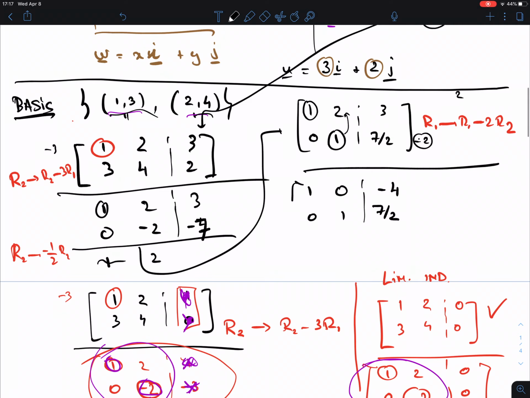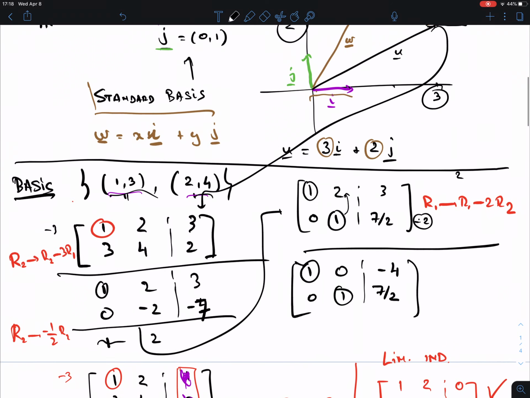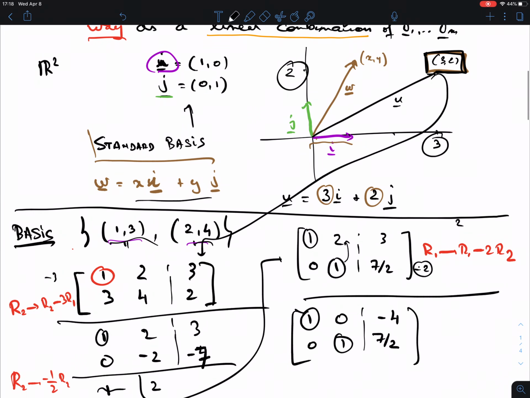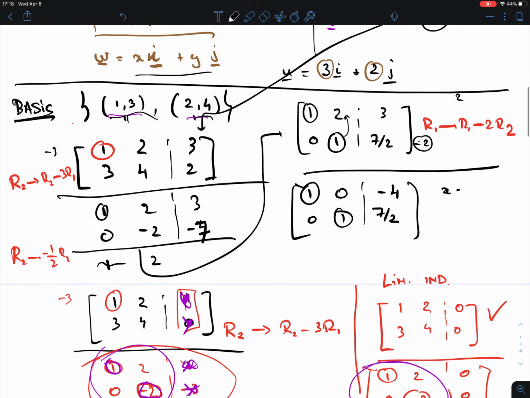Remember, these are the pivot variables, and there are no free variables because it's a basis. And we now see that if we solve the system in terms of x and y, x is -4 and y is 7/2. But let's write out what it really means.